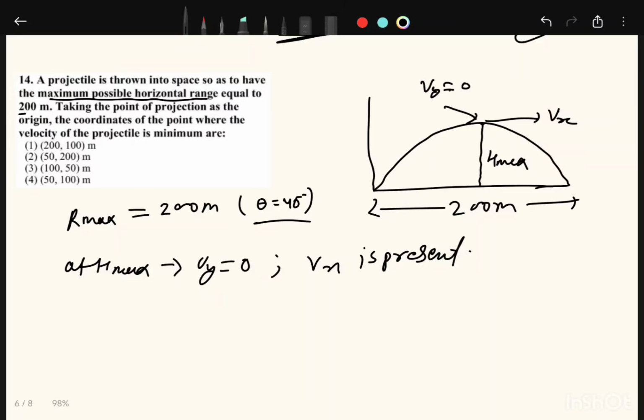Anywhere else, here, here, here, everywhere, both the components Vx and Vy will be present. So your minimum velocity is possible at the h max point only.